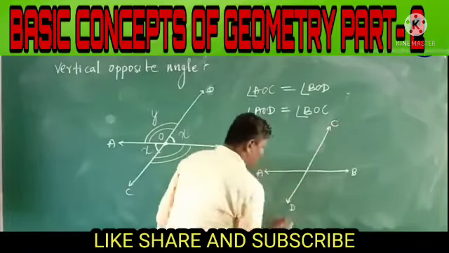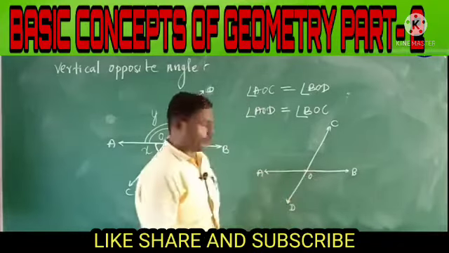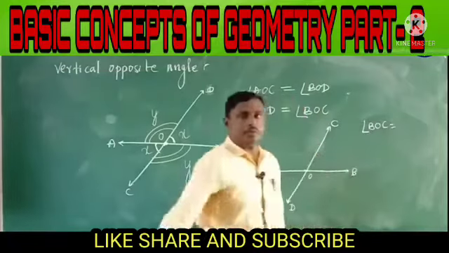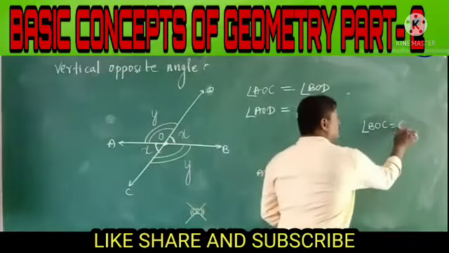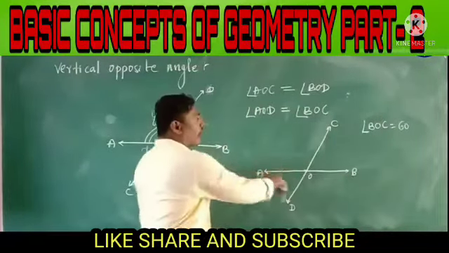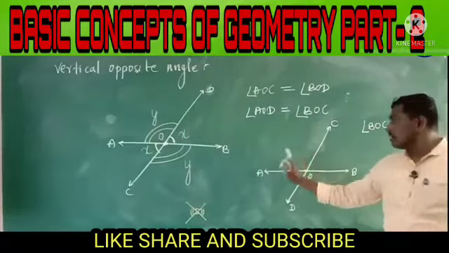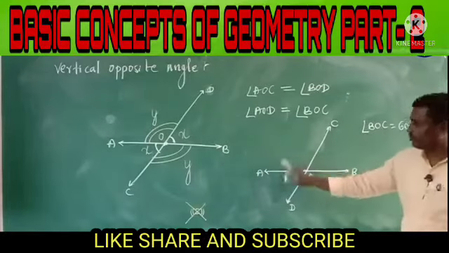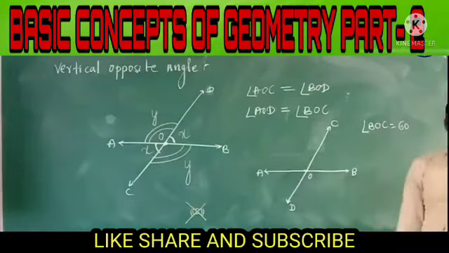CD is another line which passes through the point O. In that, angle BOC is equal to 60 degrees. Then find all the remaining three angles. BOC is already given. We need to find the remaining three angles. These are the remaining three angles, right?